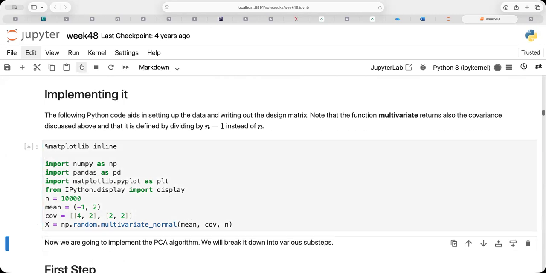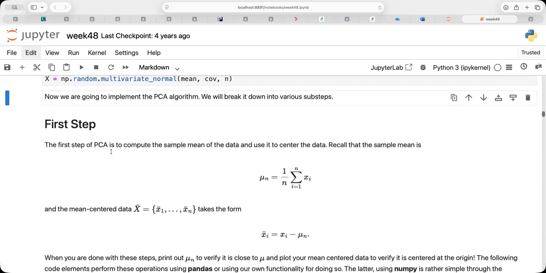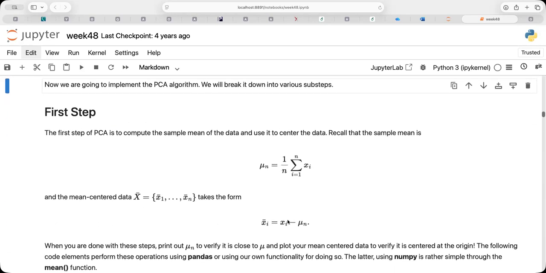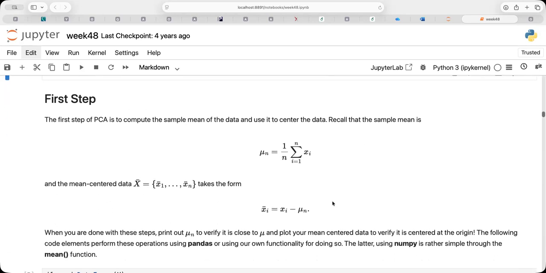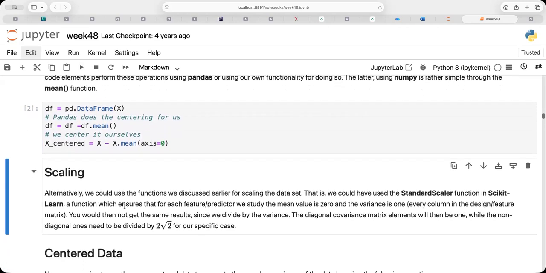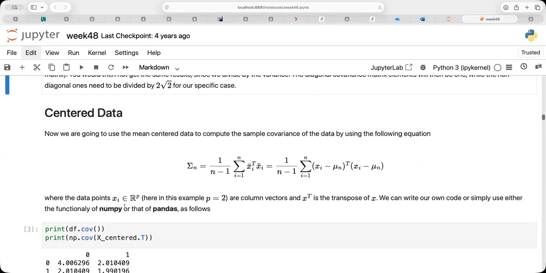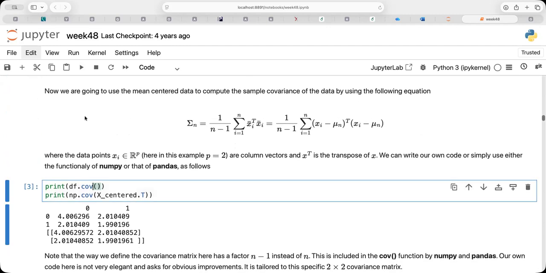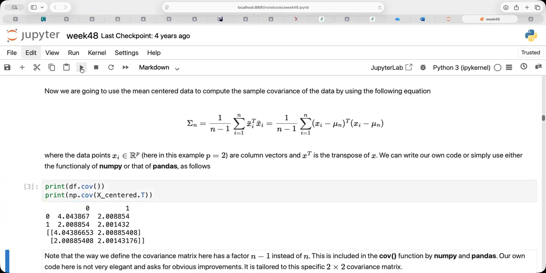If I run that one, this is the first step. Now I perform the subtraction of the mean values. If you use pandas, this is just the way you would scale the data. You have the centered data here, and this is what I would have.